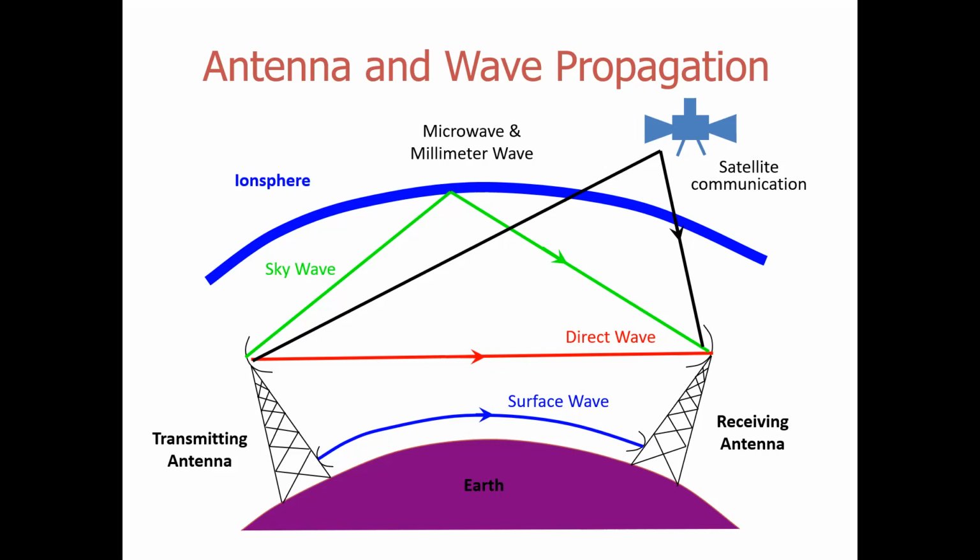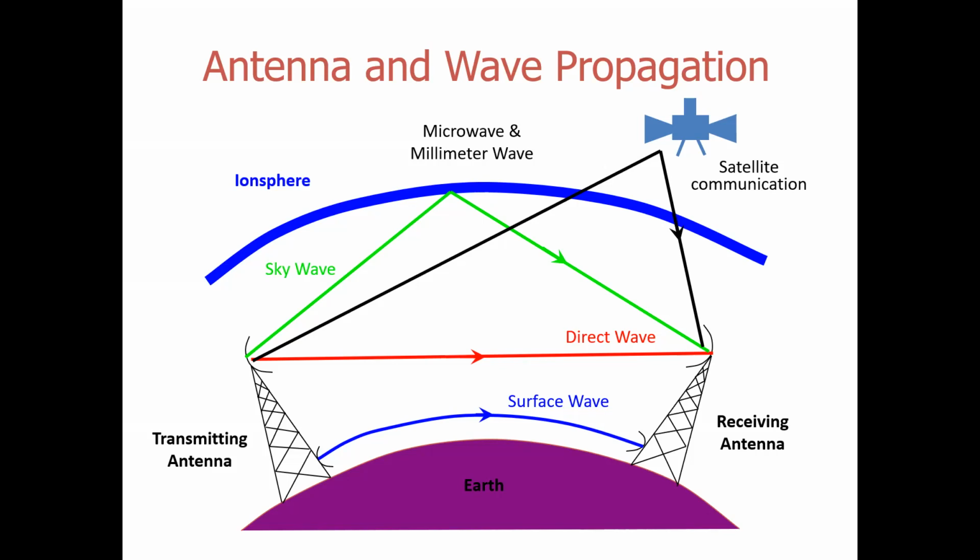And microwave and millimeter waves go through satellite communication. Those pass through the ionosphere, and we get the satellite communication here.